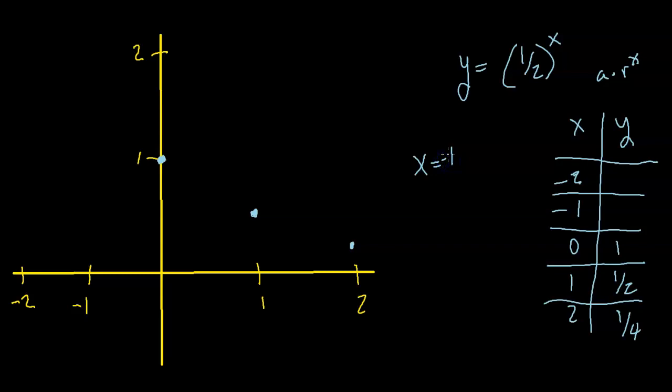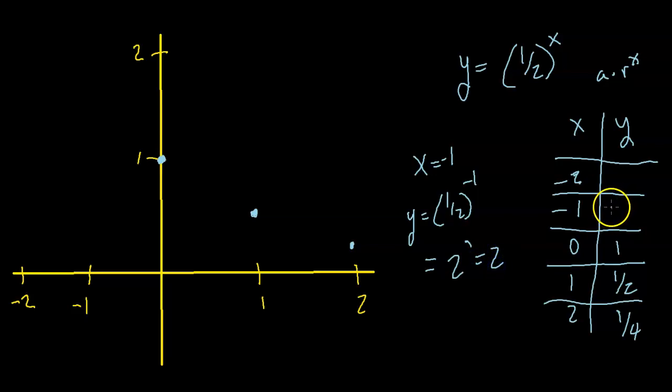Let's graph x equals -1. We're going to get y equals 1/2 to the -1 power. Okay, this might be a little tricky, but it shouldn't be too tricky, right? When you have a fraction raised to a negative power, you flip the fraction, right? So this actually equals 2 to the first power, which equals +2, okay?